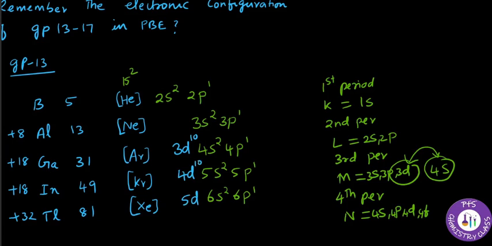And you know that there are 10 electrons in the d orbital. And you see there is a 4f here. This 4f will come before 5d, and 4f has 14 electrons. That's all you have to remember. It is quite easy to remember this.